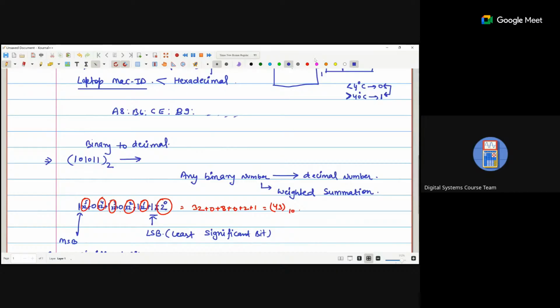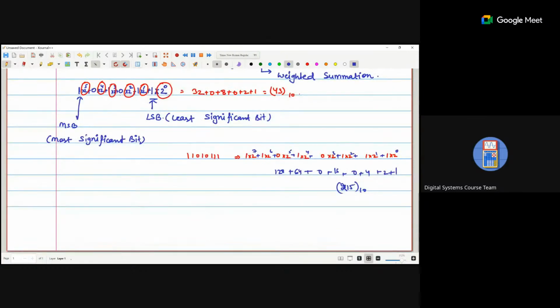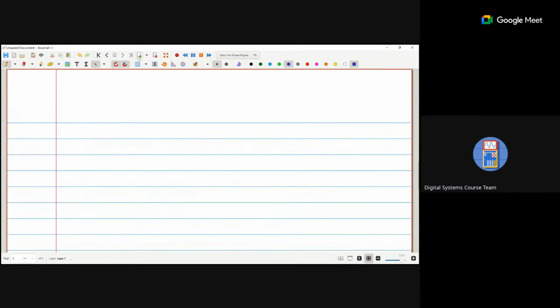In a similar way, we can convert decimal to binary, for example 56 base 10.